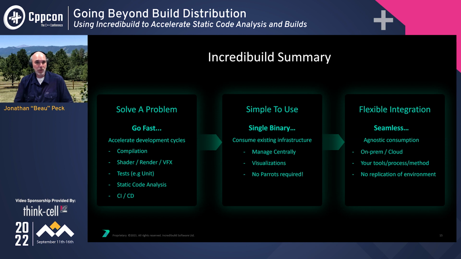We're going to be managed centrally. We're going to give you those wonderful visualizations so that you can see what's going on with your build. And of course, there's still no need to buy a parrot. So finally, we're seamless, agnostic and generic, and integrating with your framework. It's your tools, your process, and your methods, regardless of if it's on-prem or in cloud. We will integrate and make you fast.